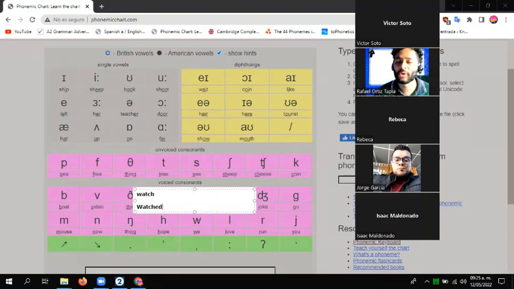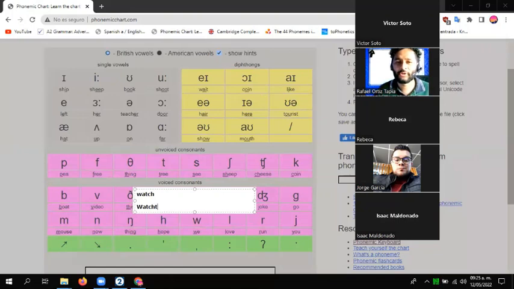Not watch it, but watched with a T. Why watched? Because before the ED, you have this phoneme right here. Y por esa razón, como la CH o este fonema es voiceless, esta ED tiene que sonar a una T.